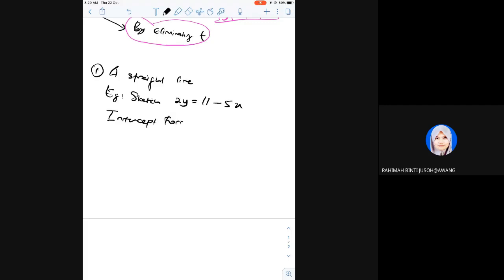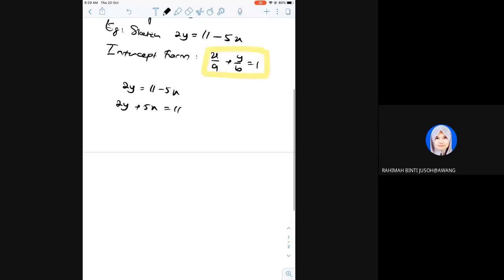Intercept form, in general, is x over a plus y over b equals to 1. In order to answer this question, first of all you have to move all the variables into the left-hand side. So we move the negative 5x to the left-hand side, and we have 2y plus 5x equals to 11.